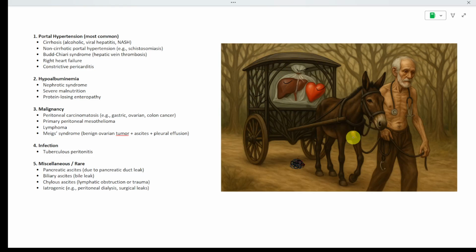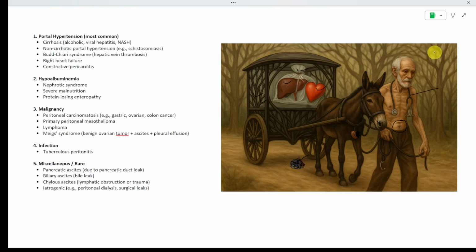After that, we said it could be protein-losing enteropathy. It could be because the kidneys are losing protein due to nephrotic syndrome, or you are not eating enough protein. Then we said some bacterial infections such as tuberculosis can cause ascites, and then we talked about the various malignancies: peritoneal carcinomatosis, primary peritoneal mesothelioma, or lymphoma, or in females you can also think of Meigs syndrome down the list in your differentials.